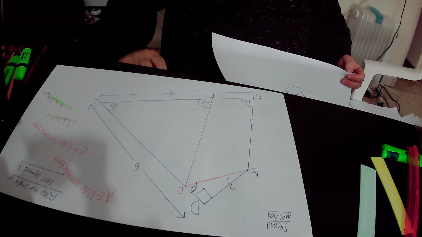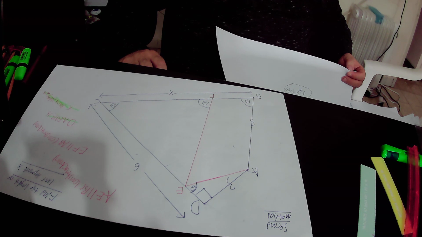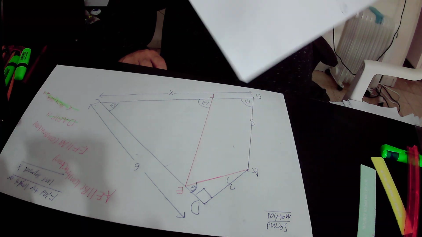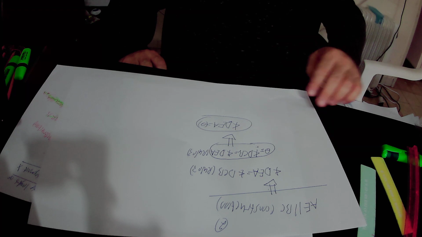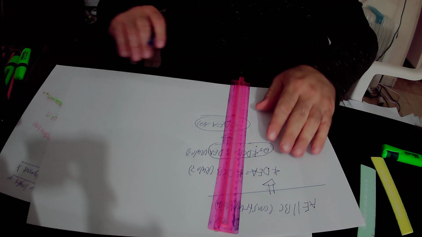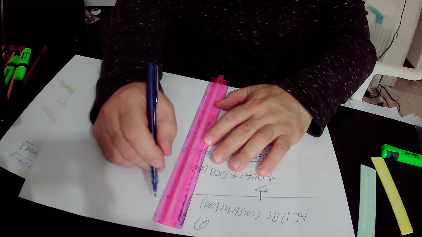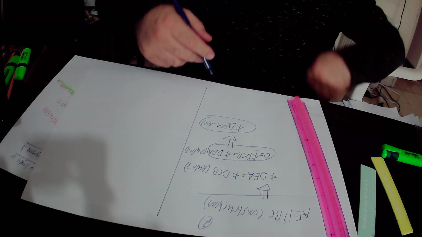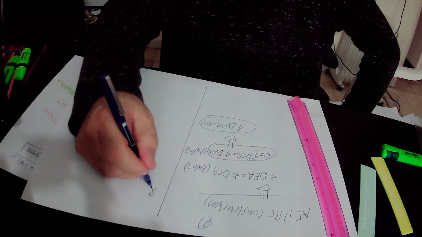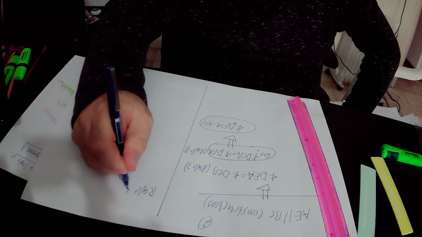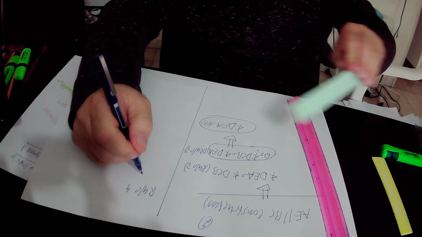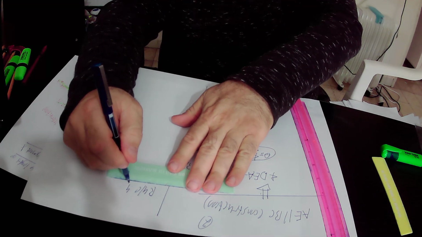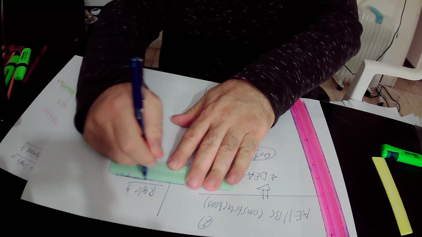In the next step, I will present to you a new rule, rule number 4. According to rule number 4, the opposite sides of a parallelogram are equal to each other. I write it down.